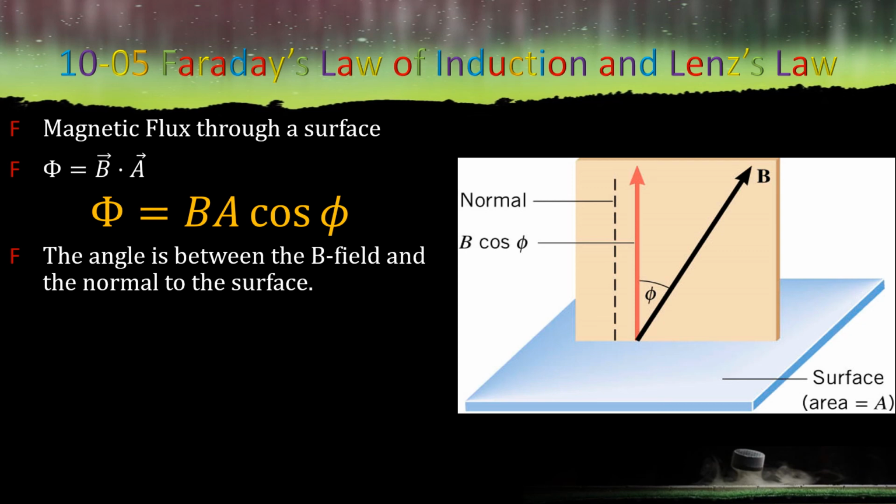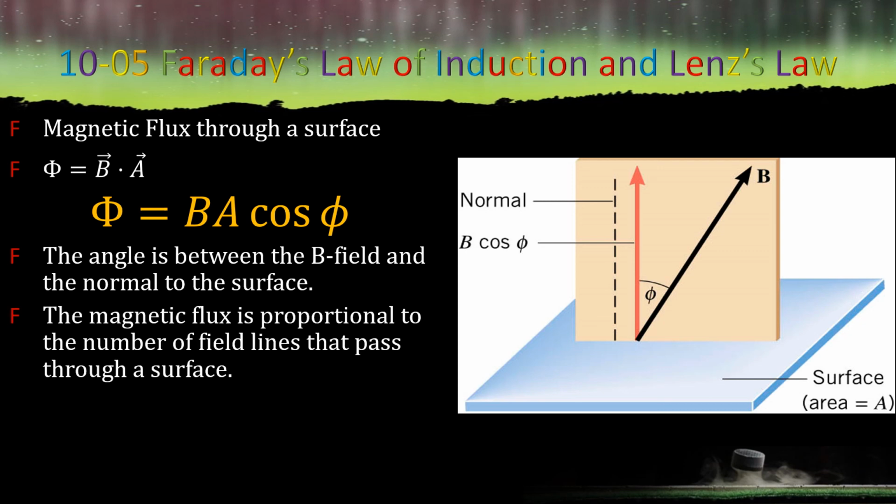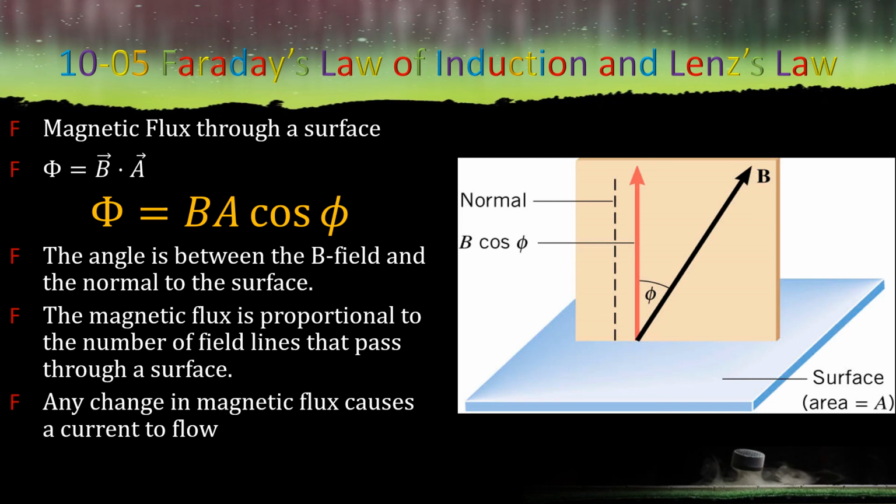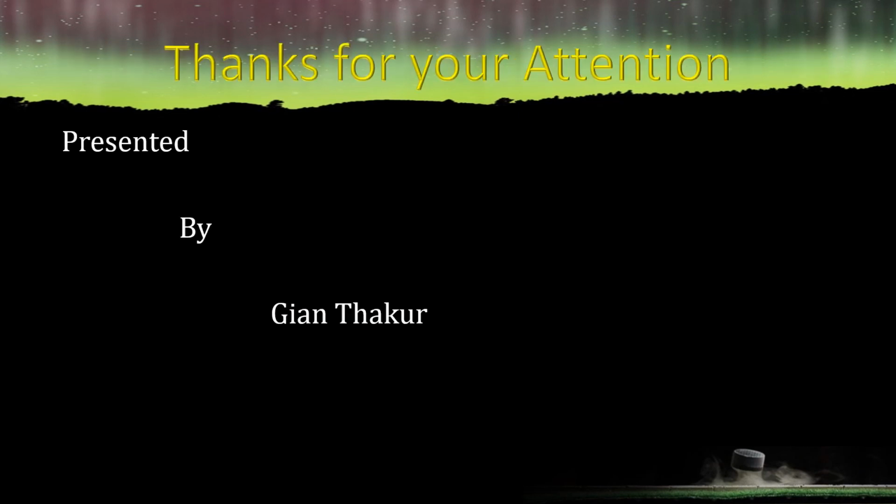The component of this vector parallel to the normal is B cos phi. The magnetic flux is proportional to the number of field lines that pass through a surface. Any change in magnetic flux causes a current to flow.